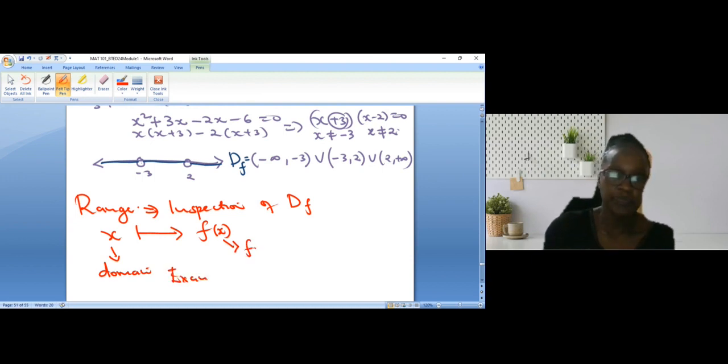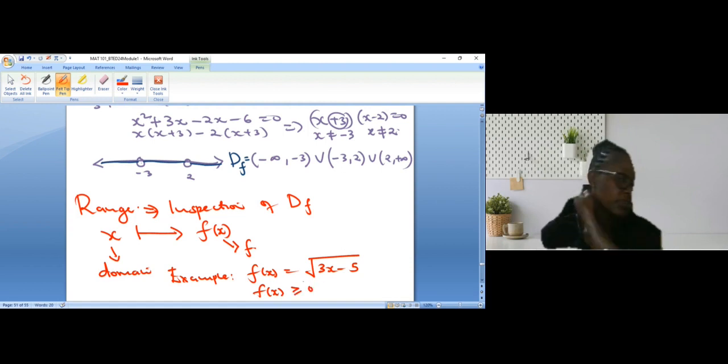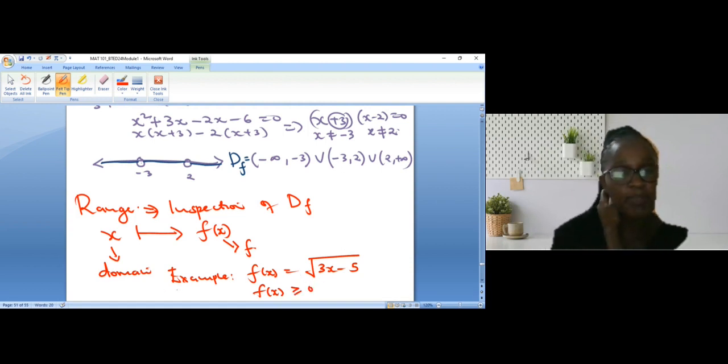For example, if I take the first function, f of x equal to root 3x minus 5, we always know that for the square root to qualify as a function, we only consider the positive value of the square root. And so at any one time, f of x will be a value greater than or equal to 0. So this is the possible largest range for this particular function.